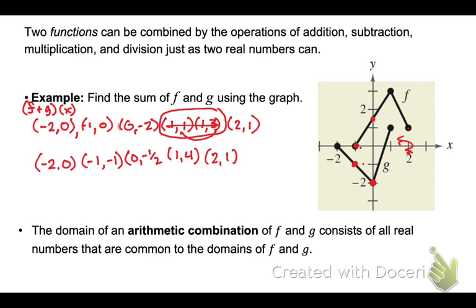No. So does this go any more? No. And is 2 common in both? So what happens here? We need to remember that the domain is all real numbers that are common.